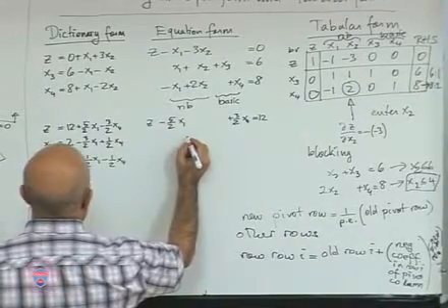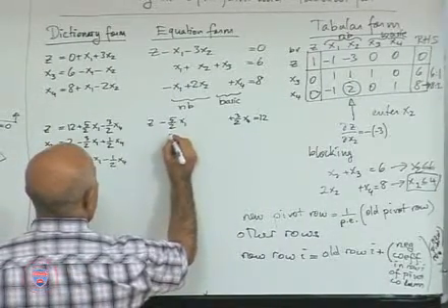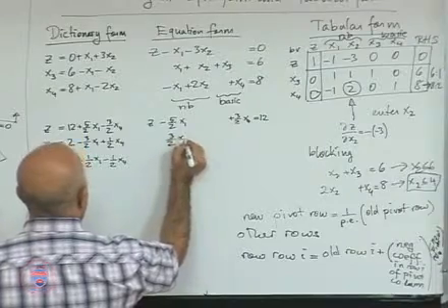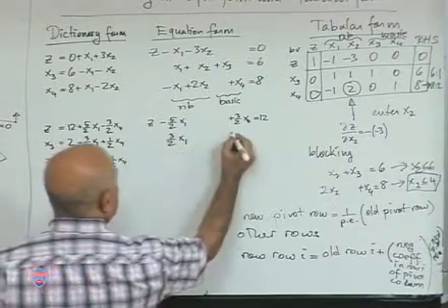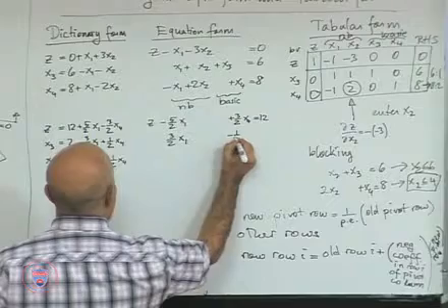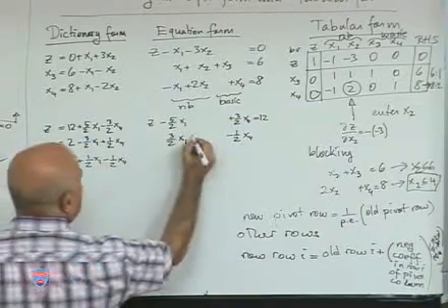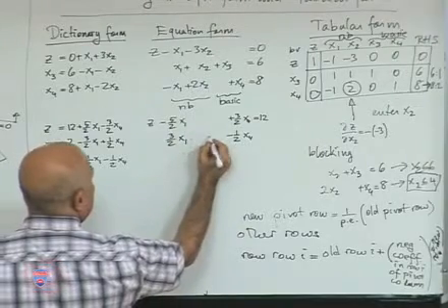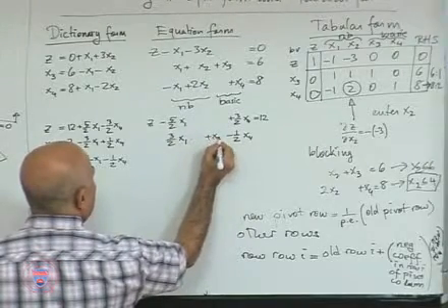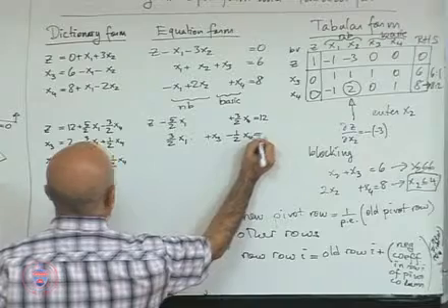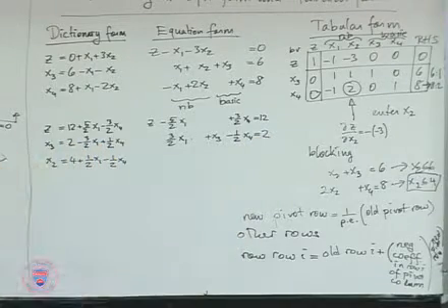Then we have 3 over 2 x1 minus 1/2 x4 plus x3 equals 2.